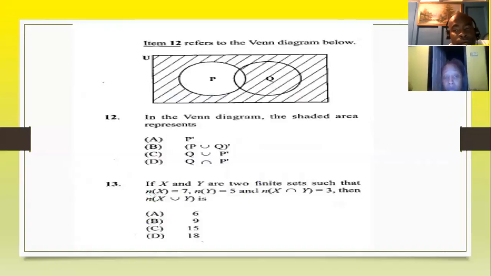P intersect Q. And what else does it say? P and Q. How does that go? Then what does it say now? What does it say?